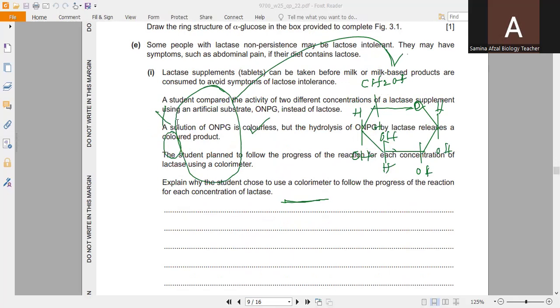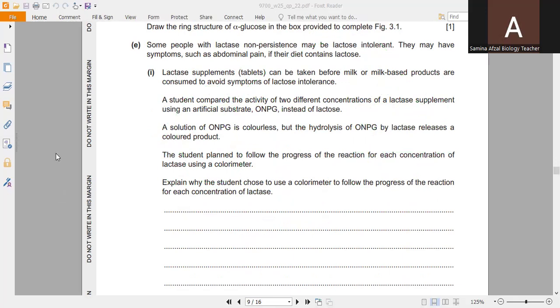Now E part. Some people with lactase non-persistence may be lactose intolerant. They may have symptoms such as abdominal pain. If their diet contains lactose, lactase supplement tablets can be taken before milk or milk-based products are consumed to avoid symptoms of lactose intolerance.